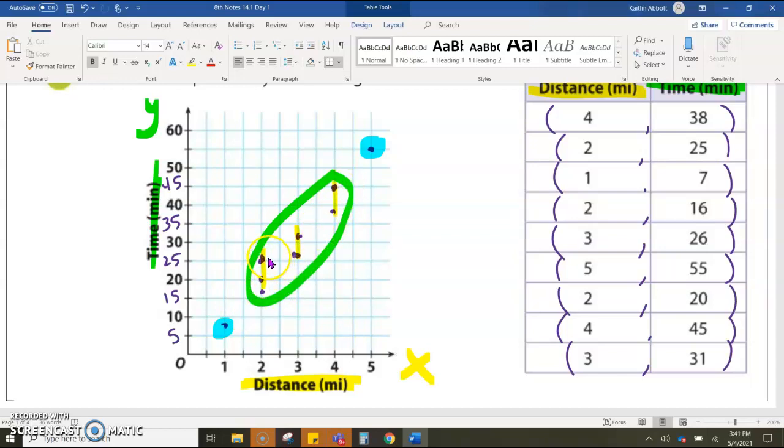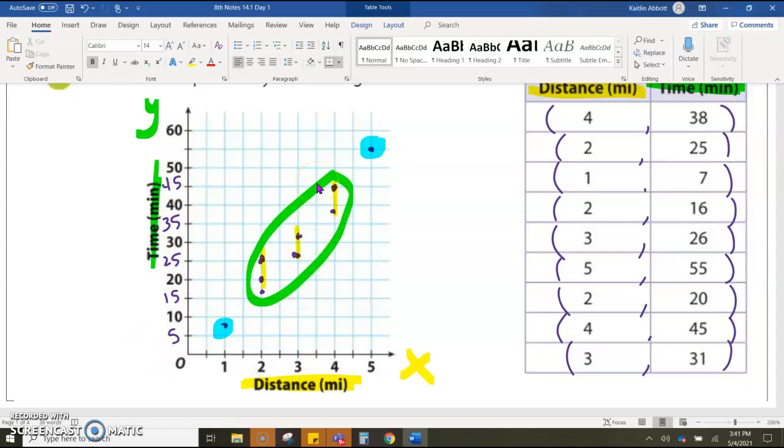She did 1, 2, 3, 4, 5, 6, 7 of her runs between 2 and 4 miles. She only did 1 5-miler and 1 1-miler. But she looks like she is getting better, or hopefully getting better with time. But as you notice, the longer the distance she takes, the longer it takes her to run it.